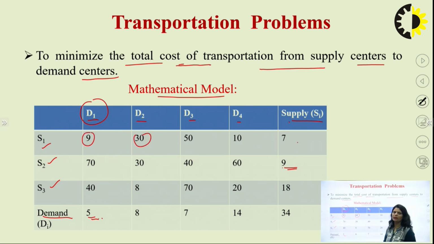These terms indicate the cost. Between S1 and D1 the cost is equal to 9. Between S1 and D2 the cost is equal to 30. In this problem we will calculate the transportation cost, implement different techniques over it, and see how we can achieve the minimum cost.